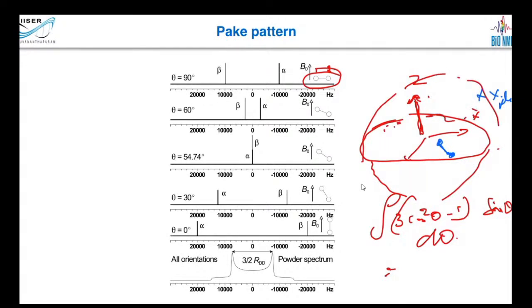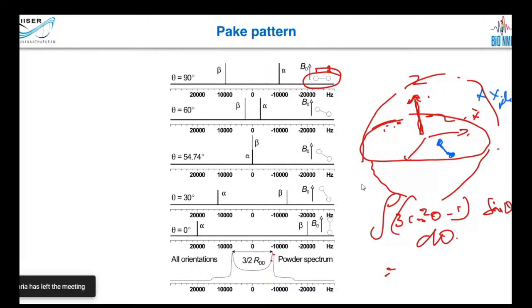So on the sphere, it is the maximum possibility, and that's why this intensity is high for the 90-degree orientation. When theta becomes 0, we'll have the maximum coupling, but the maximum possibility of finding the signal is along the equatorial plane, and that is why we get the Pake pattern.